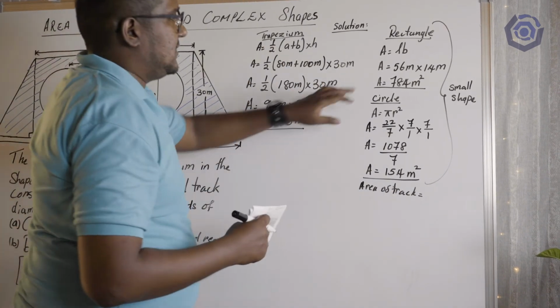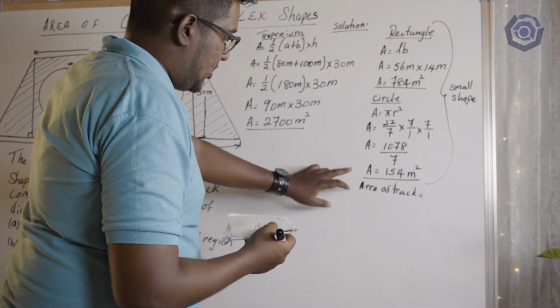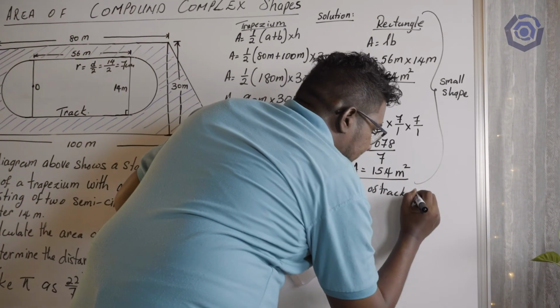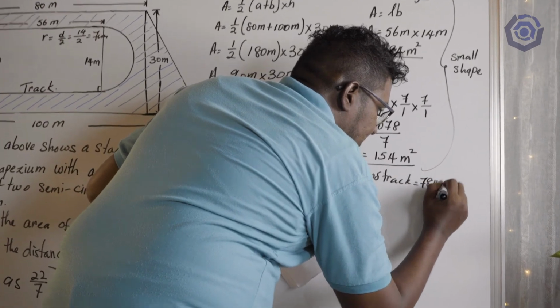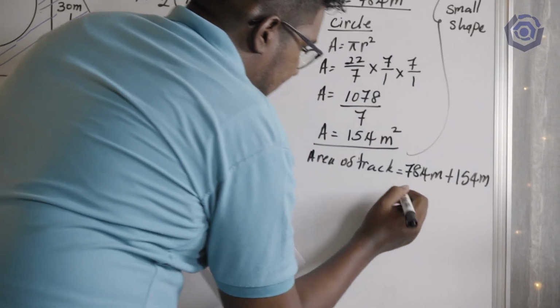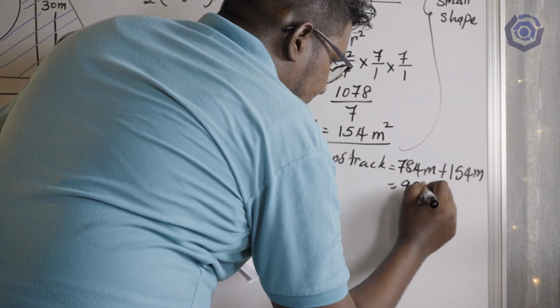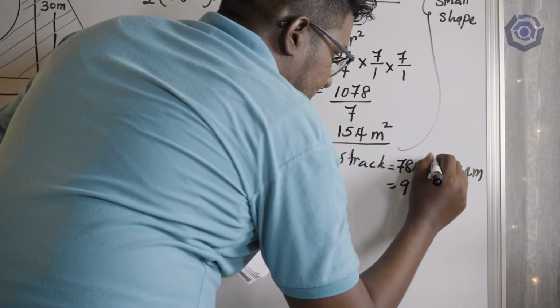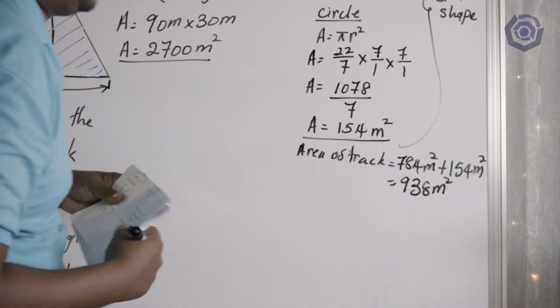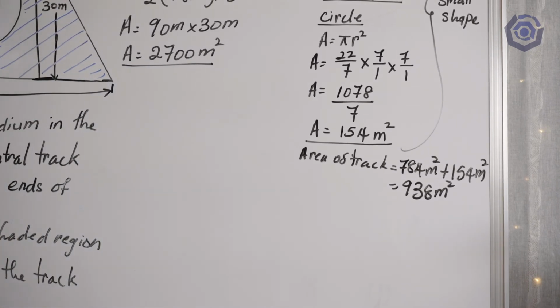is going to equal 784 meters squared plus 154 meters squared. And that's going to give me 938 meters squared, right? So this is the total area for the track, which is the middle.